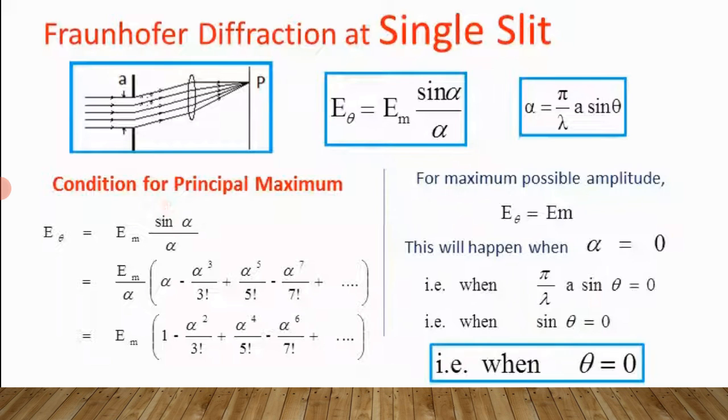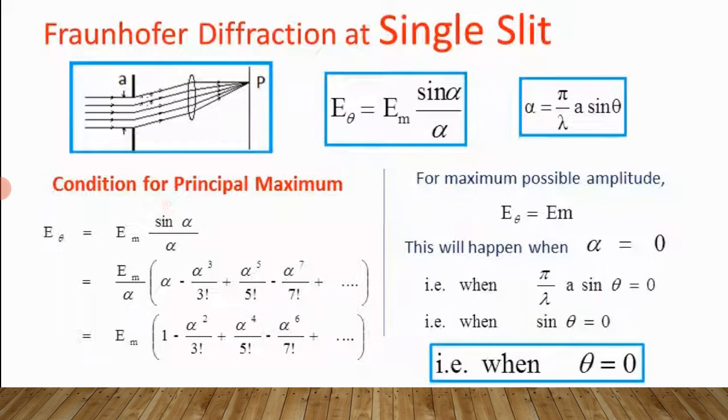Here alpha is equal to pi by lambda A sin theta. This is the path difference. Then the condition for principal maximum: E theta is equal to EM sin alpha upon alpha. Expanding sin alpha, we get alpha minus alpha cubed upon 3 factorial plus alpha raised to 5 upon 5 factorial minus alpha raised to 7 upon 7 factorial and so on. This is equal to EM, and alpha cancels in each term.